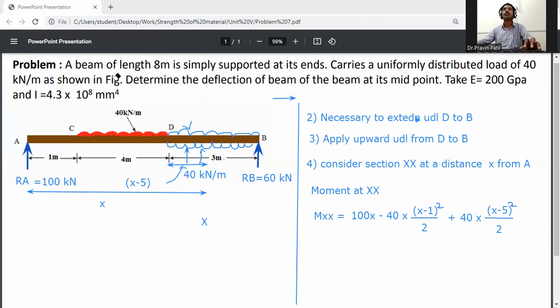Now Macaulay's method says that EI d2y by dx square is equal to M, that is the moment at XX.